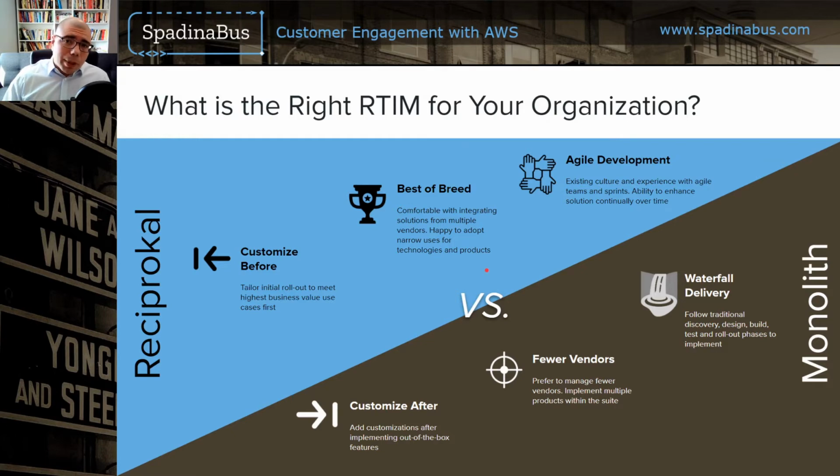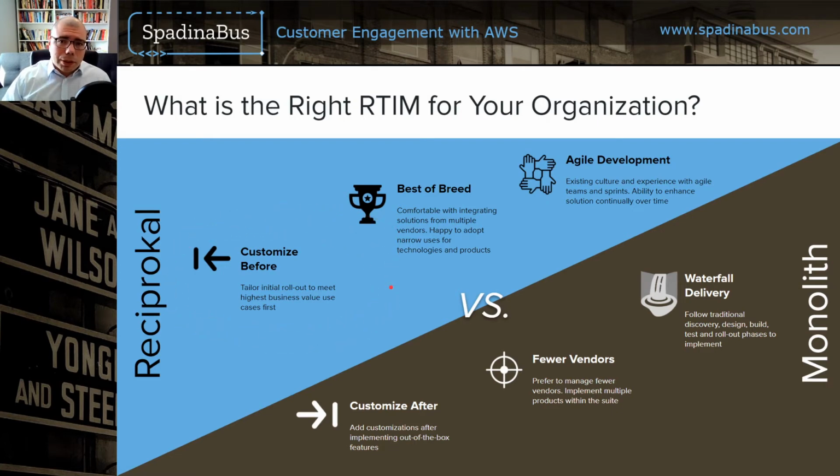So you might consider Reciprocal for your RTIM needs, but say, well, we'd prefer to use some other solution for outbound marketing that's outside of the AWS ecosystem, and we'd like to mix and match the best of breed.